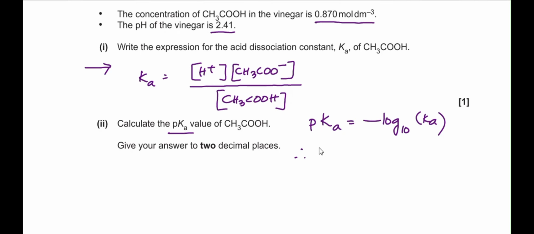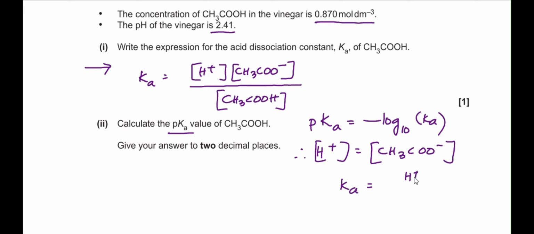Therefore, H positive concentration is equal to CH3COO minus, which actually reduces the Ka equation to H positive square over concentration of the acid CH3COOH.